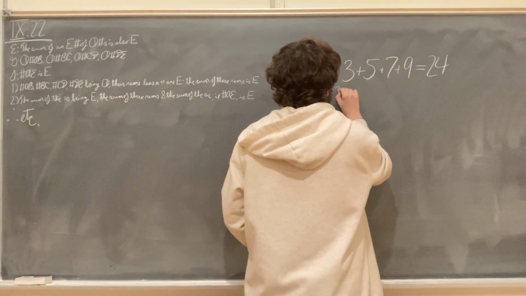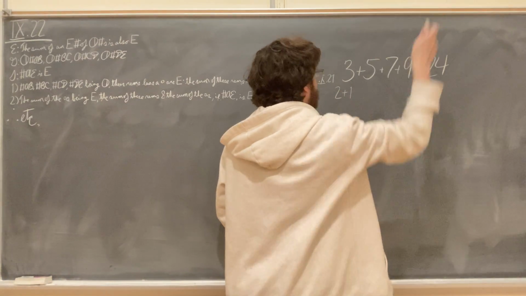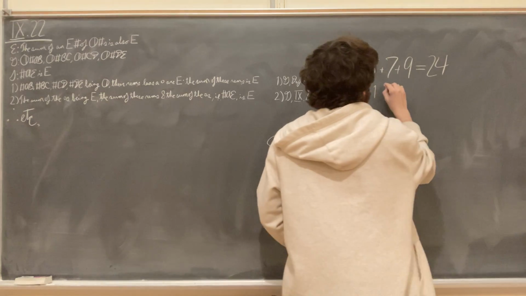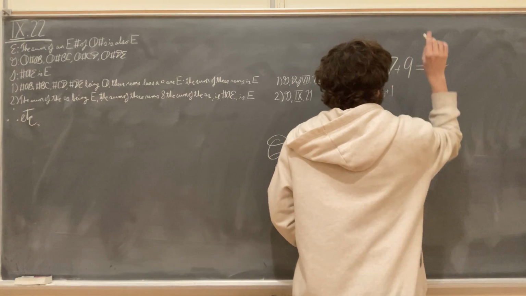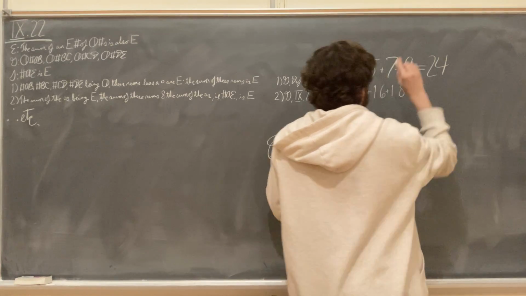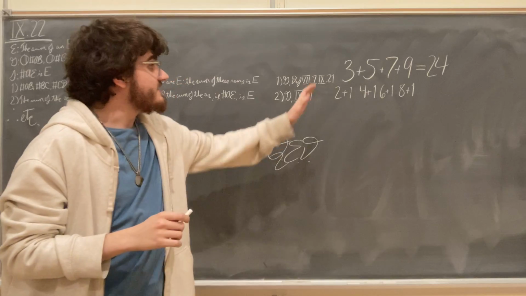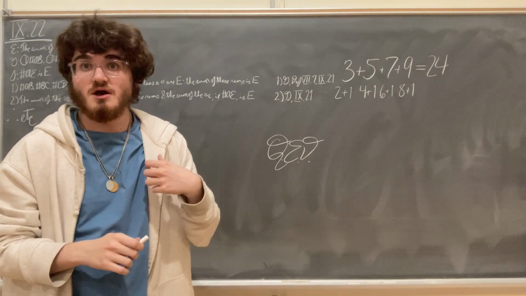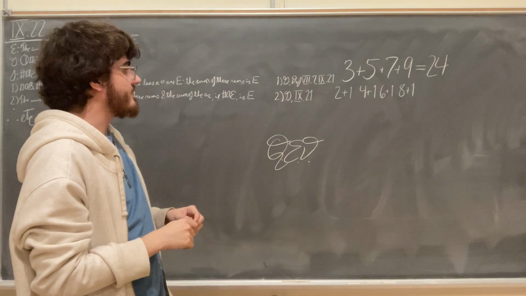3 is equal to 2 plus 1. 5 is equal to 4 plus 1. 7 is equal to 6 plus 1. And 9 is equal to 8 plus 1. So you see that each of our numbers, 3, 5, 7, and 9, is one more than an even number.